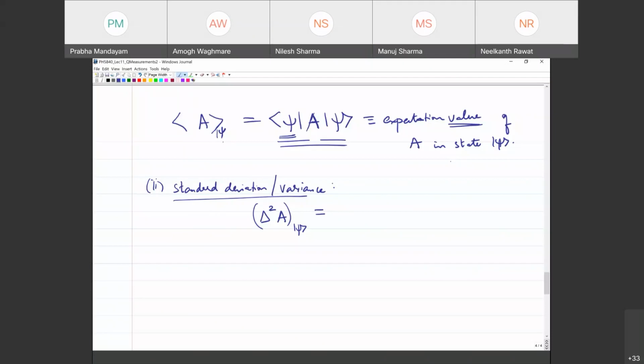Yeah, so how do you define the variance? Now that we have the expectation value, we can define variance, right? Yes. How is it defined with respect to A? Expected value of A squared minus expected value of A whole squared.